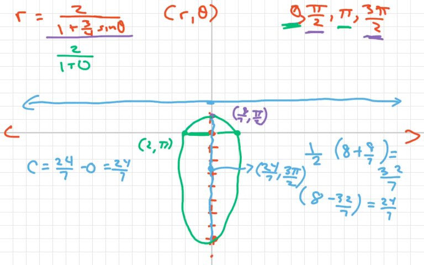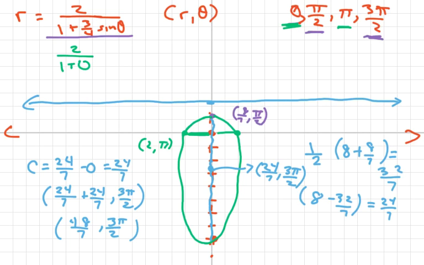So our one focus is at 24 over 7, comma 3 pi over 2. The second focus is going to be 24 plus 24 over 7, which is 48 over 7, 3 pi over 2.